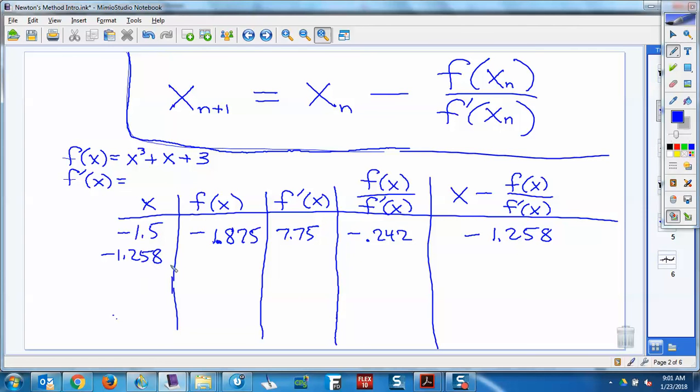Okay? So now we want to do f of the negative 1.258 number. So you go f parentheses and then arrow up. So f parentheses, arrow up, grab that number, it'll bring it back down. What do we get there?